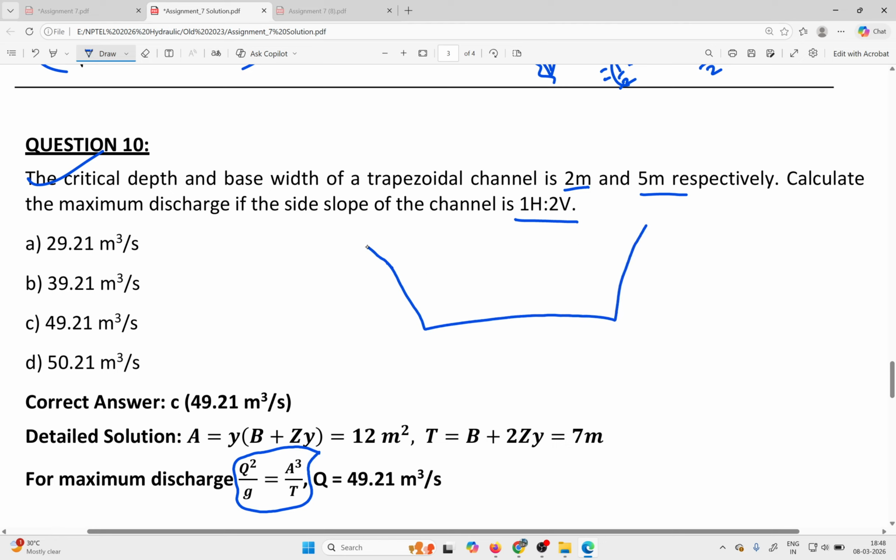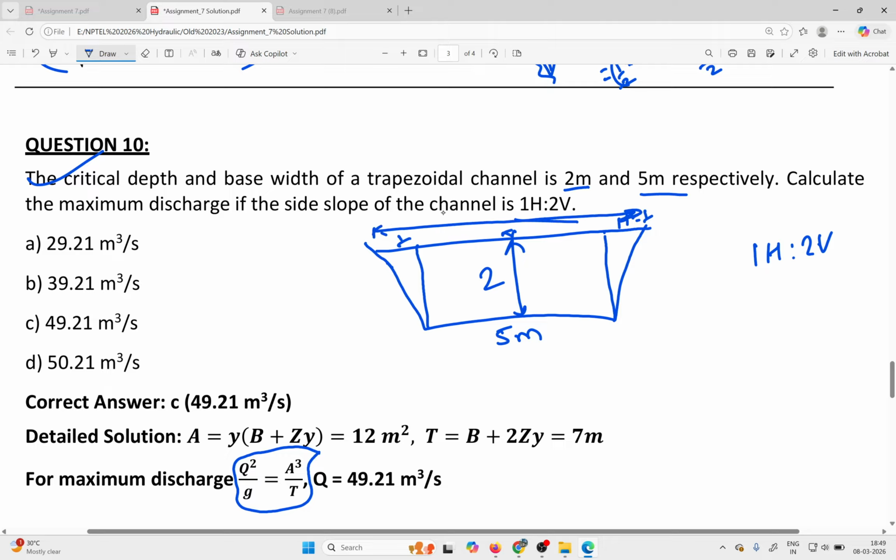This is your trapezoidal channel, the base width is given as 5, and the critical depth is given as 2, with side slope one horizontal to two vertical. It means when you go vertically 2, you go horizontally 1. Again here also 1. So the top width is 5 plus these two, which is 7.